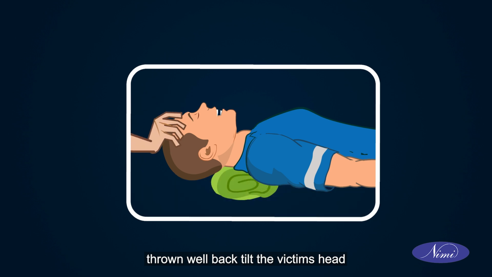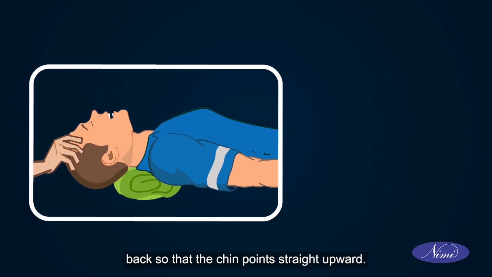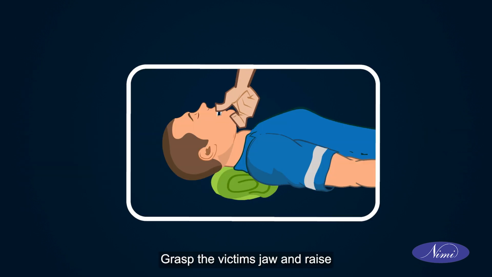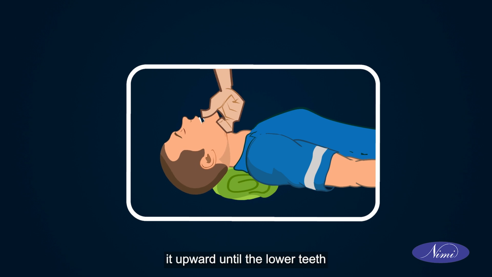Tilt the victim's head back so that the chin points straight upward. Grasp the victim's jaw and raise it upward until the lower teeth are higher than the upper teeth. Maintain the jaw position throughout the artificial respiration to prevent the tongue from blocking the air passage.